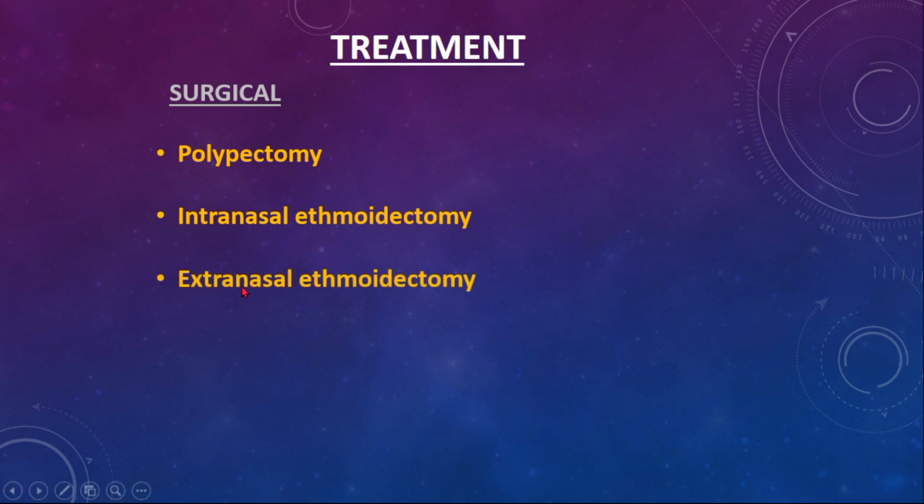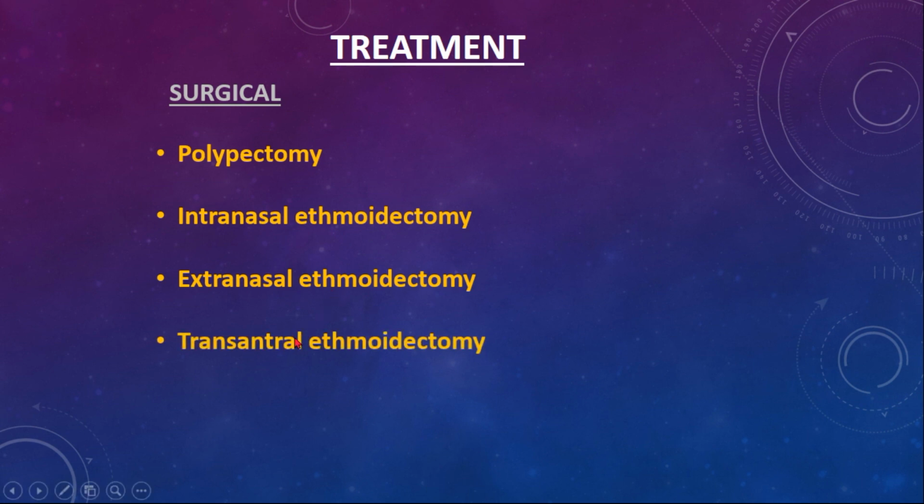And the next one is the extranasal ethmoidectomy. This is indicated when polyps reoccur after intranasal procedures and surgical landmarks are ill-defined due to previous surgery. Approach is through the medial wall of the orbit by an external incision, medial to the medial canthus.